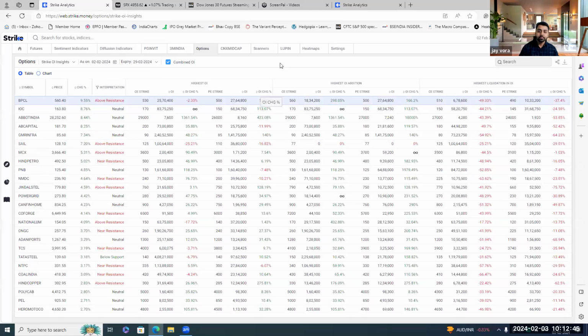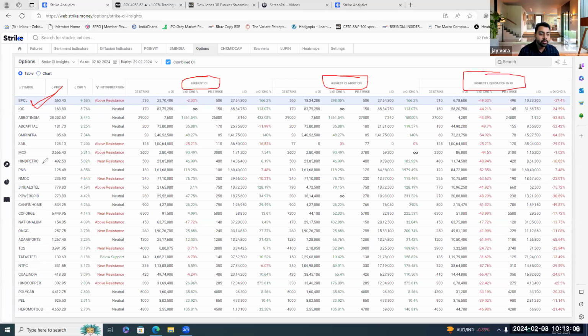Now the way the screen works is that we have given where the highest open interest is for a particular symbol, where there is highest OI addition and where there is highest OI liquidation.